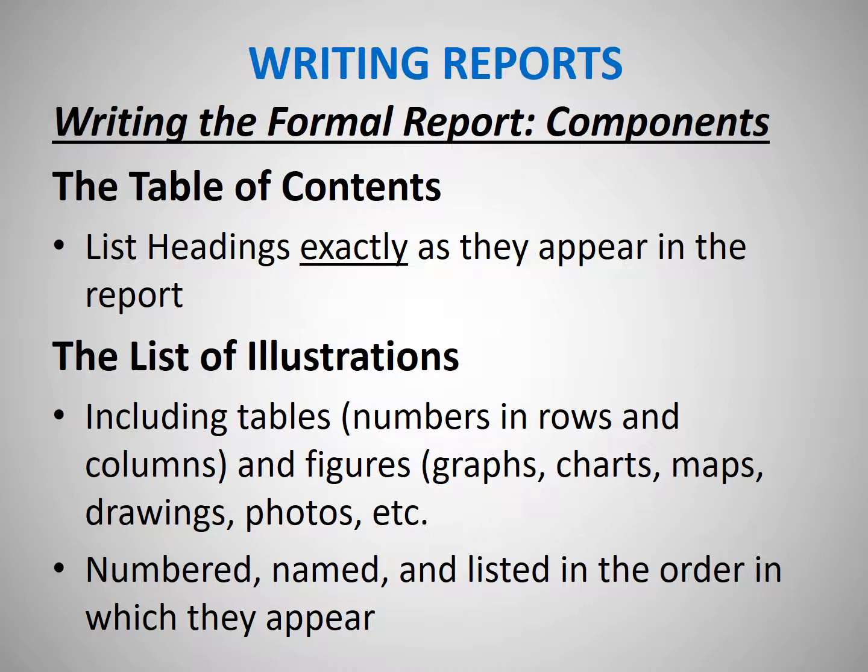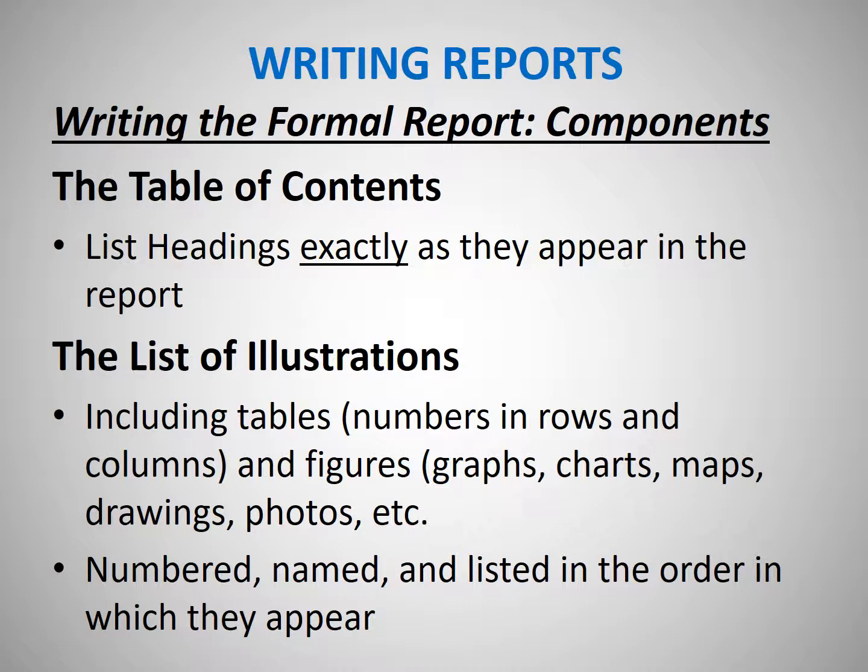And then, here's something you may be less familiar with. Not only do you have to list the parts of the report in your table of contents, but you also list any illustrations you use. And that could include a table, a graph, a chart, a drawing, an illustration, a photo, anything.